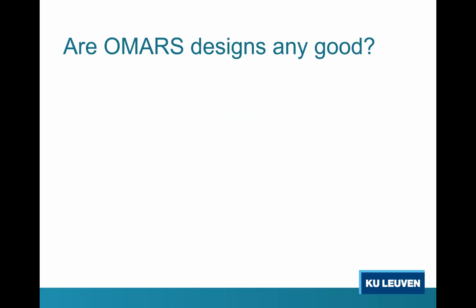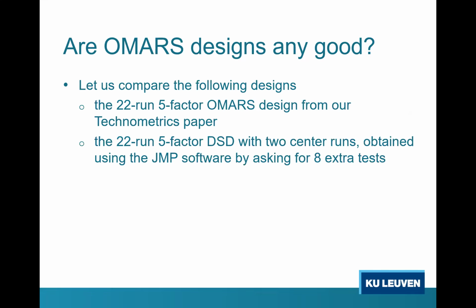Now, it's not because you find a lot of OMARS designs that you have good experimental plans. Of course, in the paper, we had to prove that the OMARS designs had good statistical properties. One little example in the paper, I also included in the slides today.